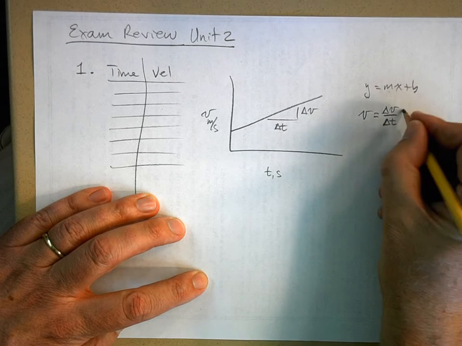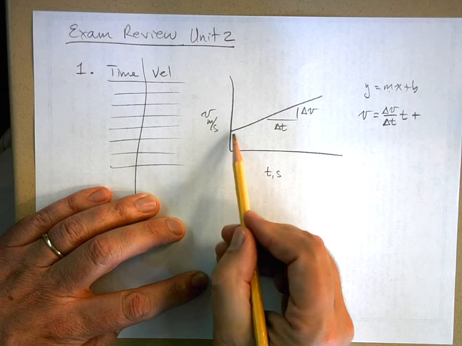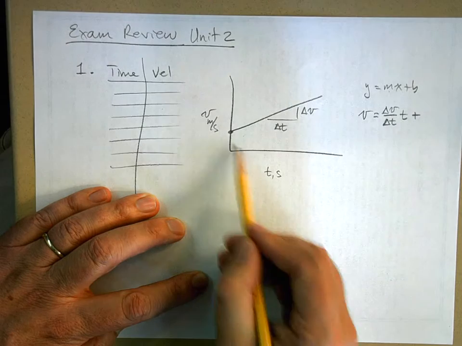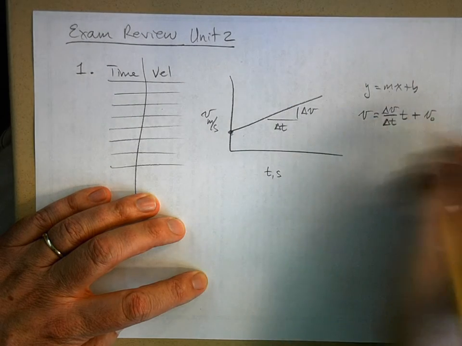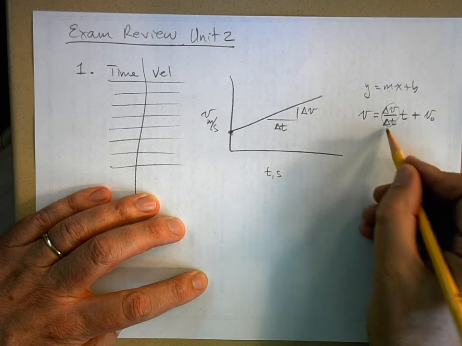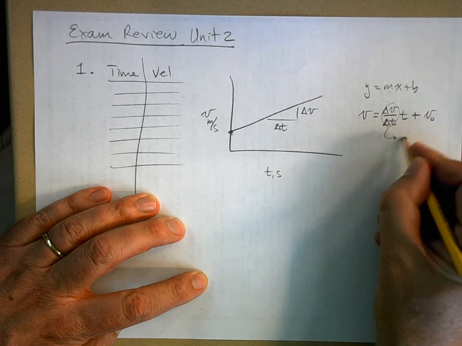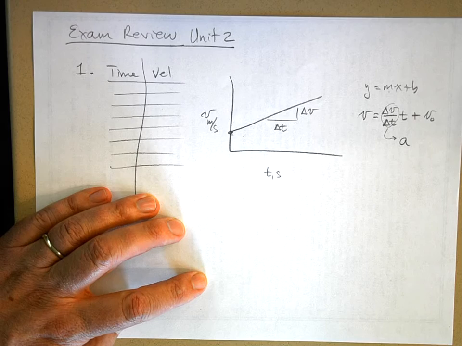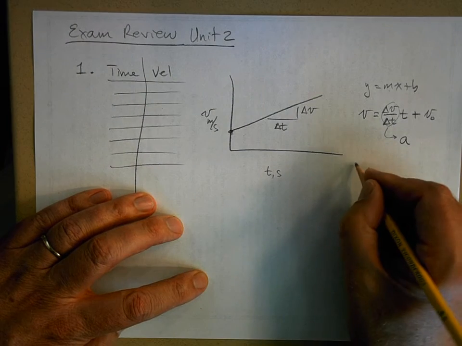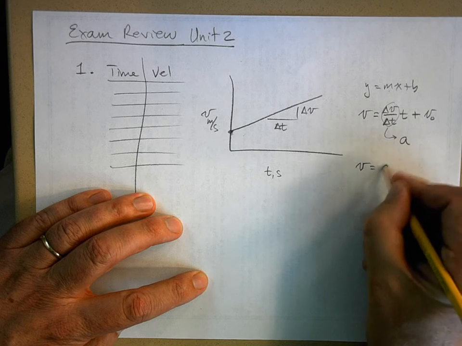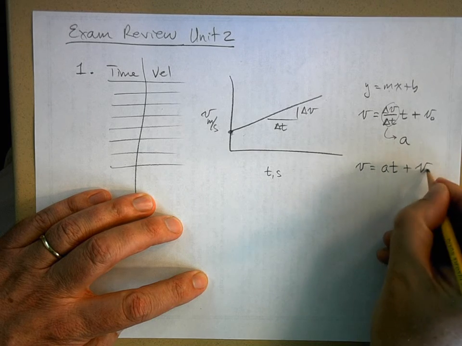Your horizontal axis is time, and then plus the velocity when time equals 0, which we call v naught. And remember that delta v over delta t is the definition of average acceleration, and we're just going to call it acceleration right now. And so we have this equation, v equals a times t plus v naught.